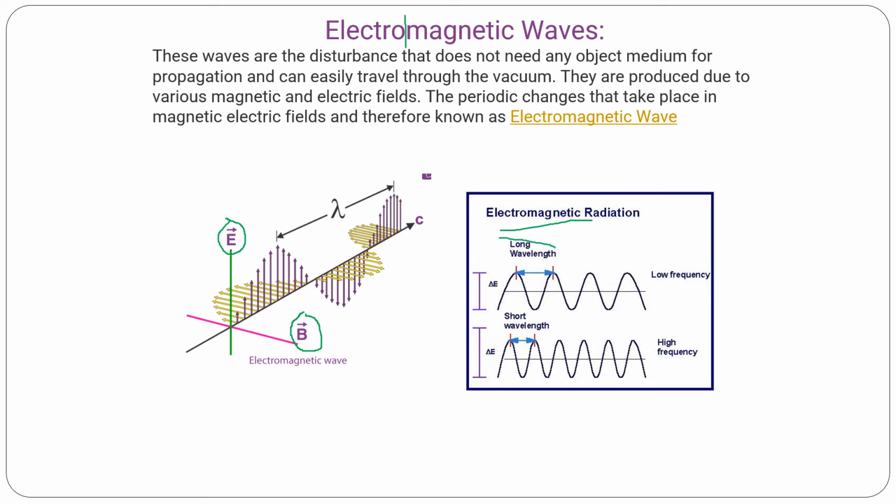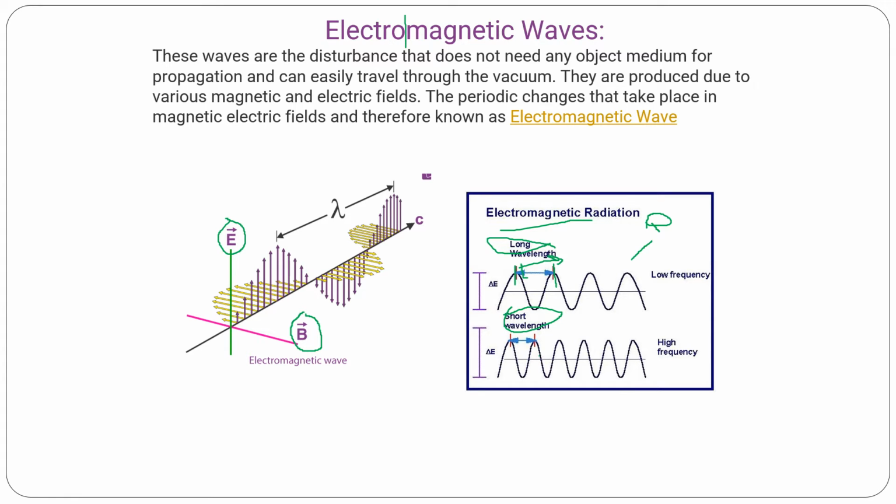Here we have long wavelength and short wavelength. How can we differentiate these two? By the distance between two nearby crests. Here the distance between these two is more than this one, so the wavelength of this waveform is longer than the other.